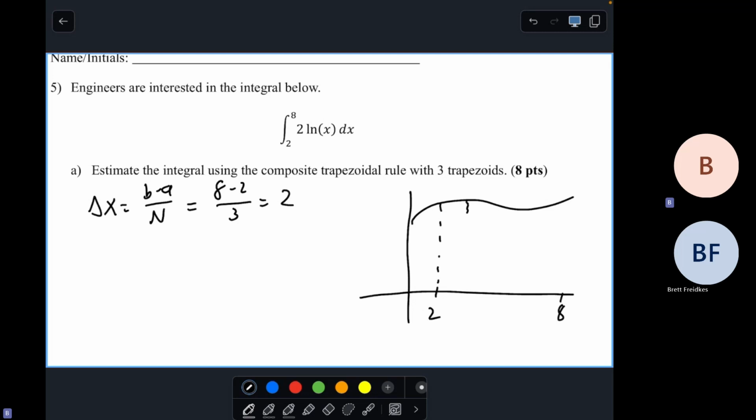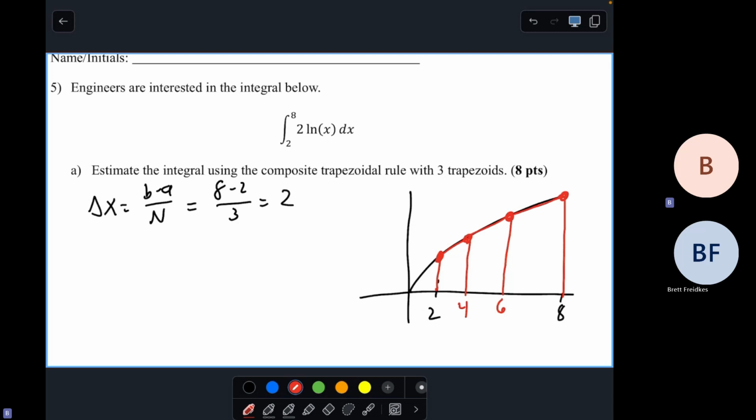So basically, you'll have one trapezoid. I might make this graph more exaggerated so we can actually see it. 2, 4, 6, and 8. Those should be equal in width. So here's one trapezoid, here's another trapezoid, and here's a third trapezoid.